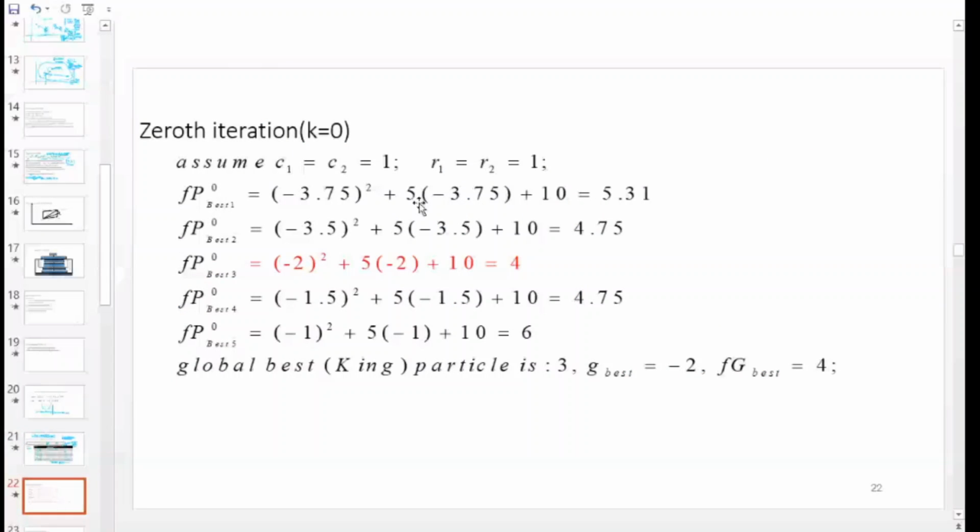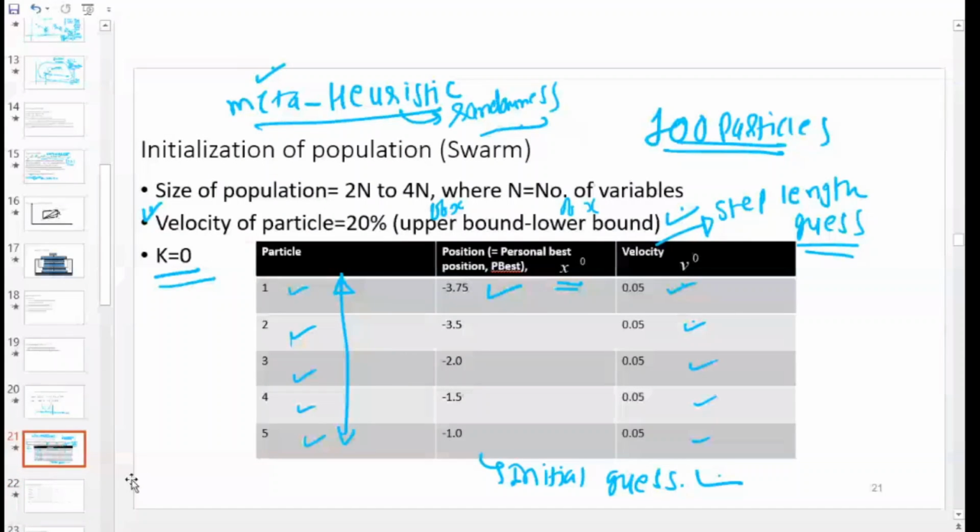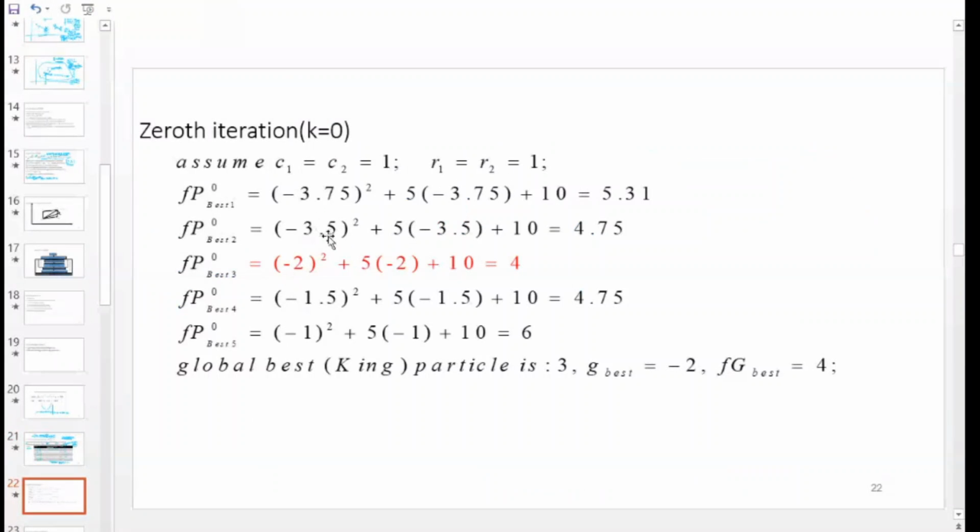So you obtain 5.31. Then the functional personal best value of the second particle at the end of the 0th iteration: x was minus 3.5, so minus 3.5 square plus 5x plus 10 gives 4.75, right? Similarly for the third particle, fourth particle, and the fifth particle.